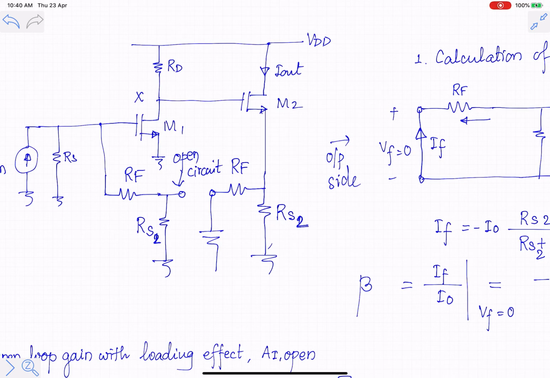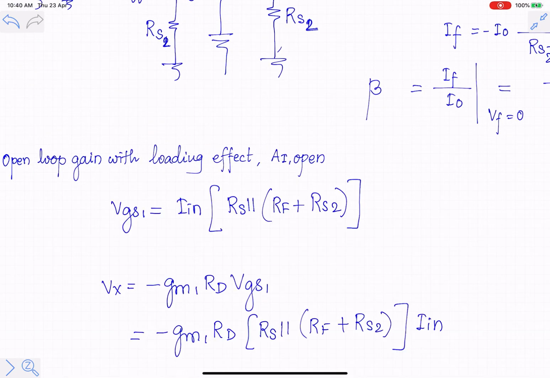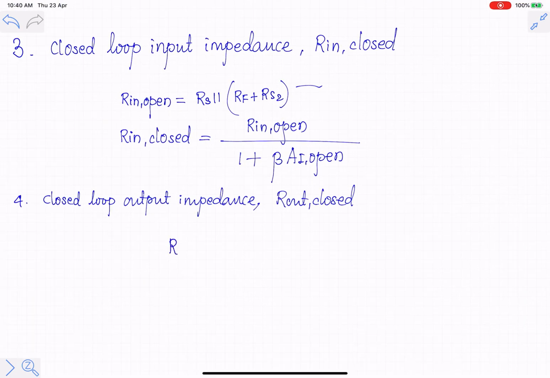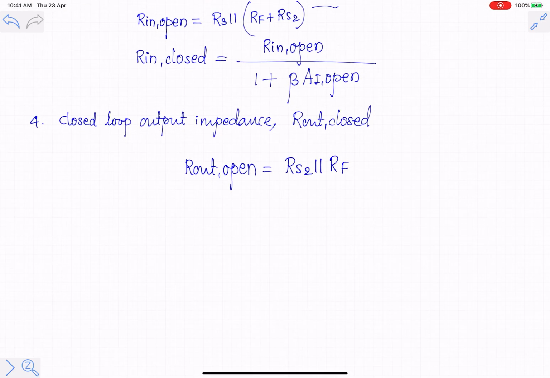So R out open is equal to RS2 parallel RF. There is a series connection on the output side of the feed forward amplifier.